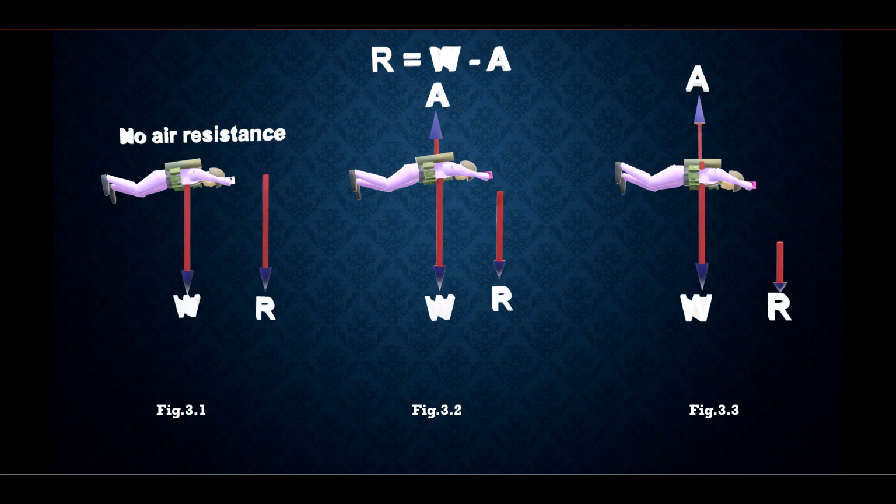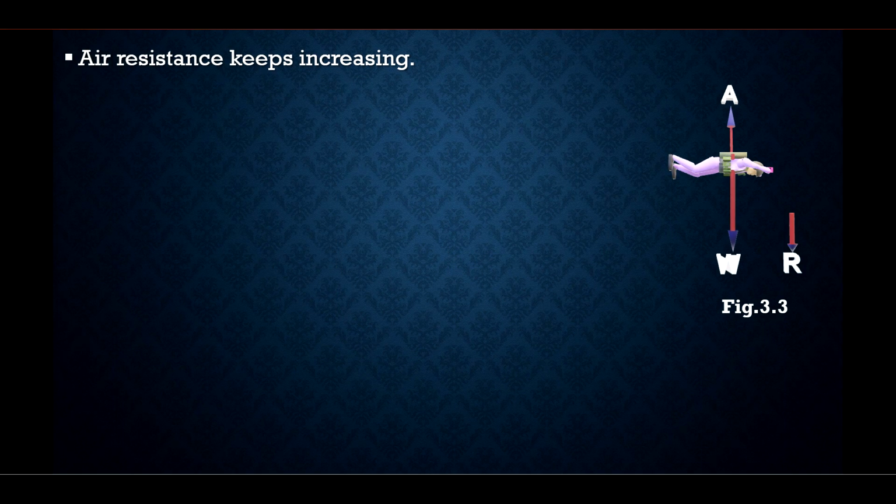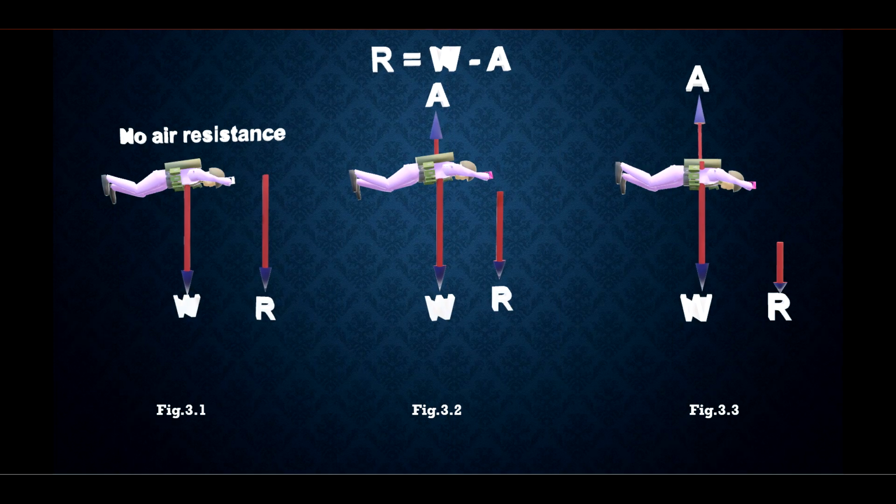We can see that weight is constant throughout. Now, because the skydiver is accelerating, or rather his speed is increasing as he falls, air resistance keeps increasing, as shown in figure 3.3. It was smaller in figure 3.2, and it was 0 in figure 3.1.